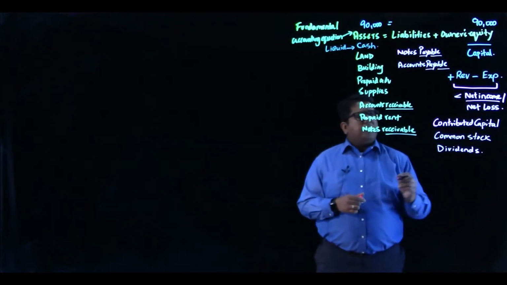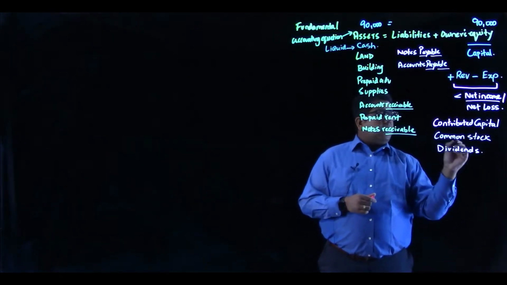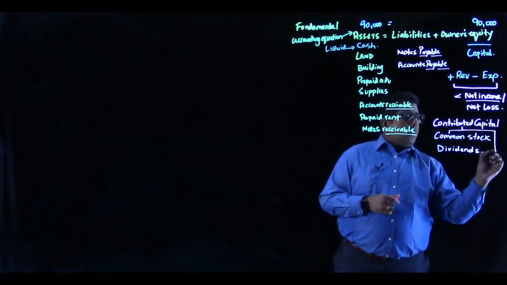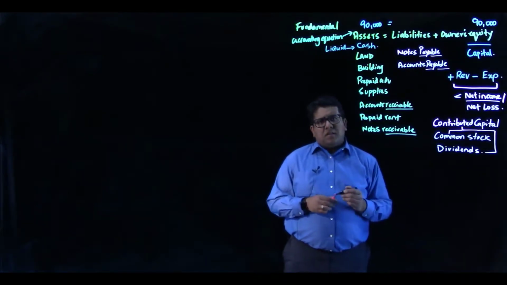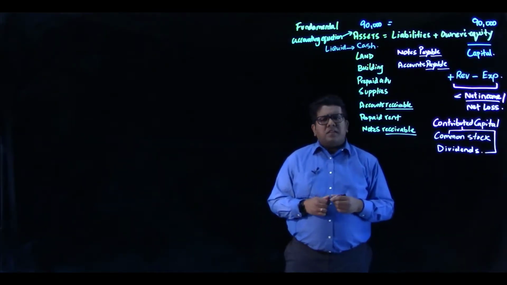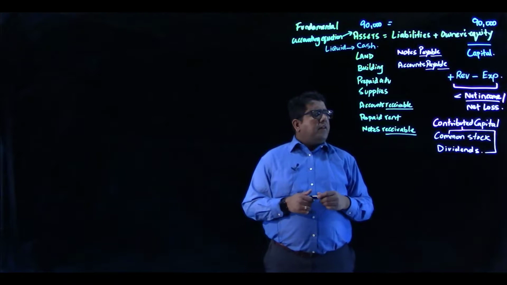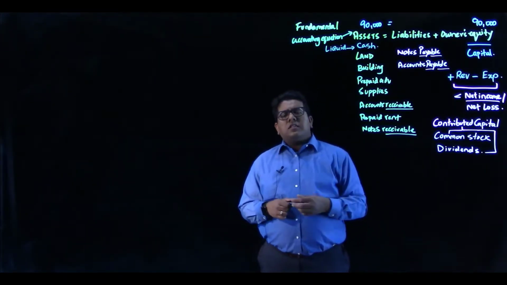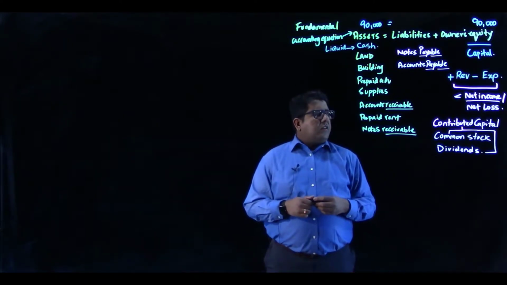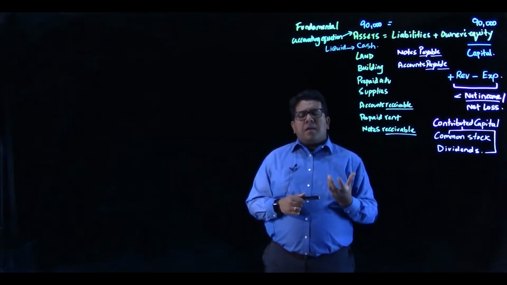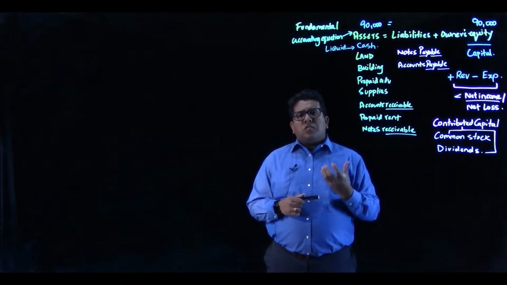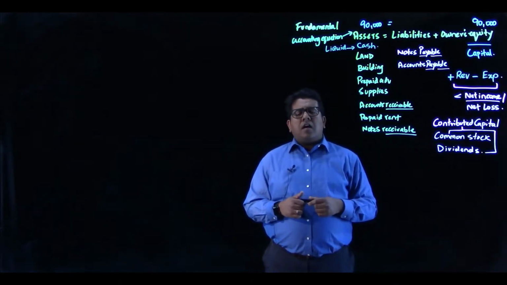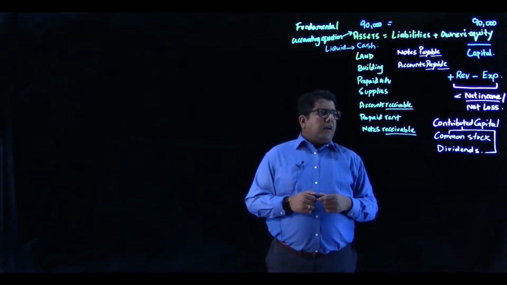Contributed capital has common stock and dividends. That is basically a part of the equation where we have to understand what a common stock is. First of all, what is a stock? A stock is just a piece of paper, but it has a face value. It has some monetary value, and that is traded on the stock exchange.